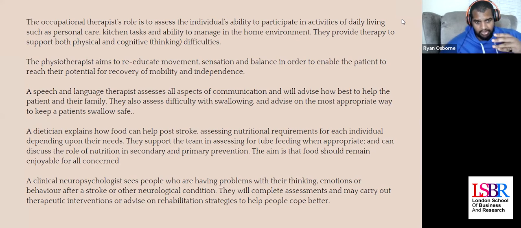And this then goes back to the top, the physio and the OT. So a clinical neuropsychologist may decide to talk to the physio or the OT and say, look, we've given them some instructions about how to remember stuff or how to do stuff.